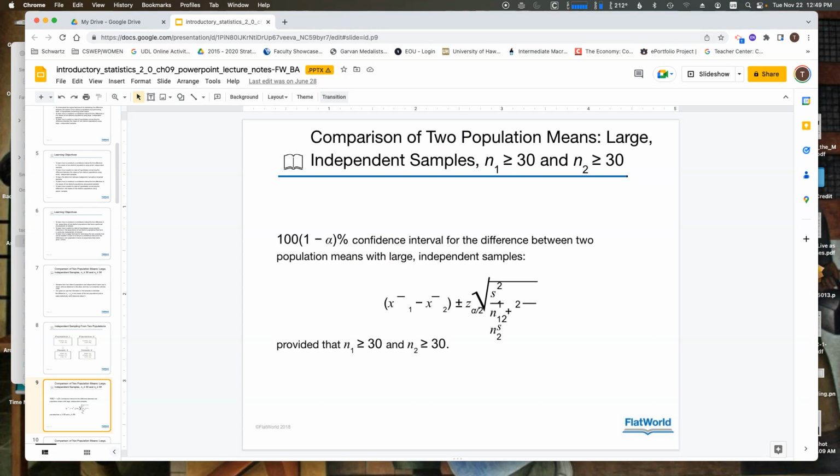So our value here would be our difference in the means, right? So here's our difference in the mean values of the two samples, plus or minus, because we're developing a confidence interval.